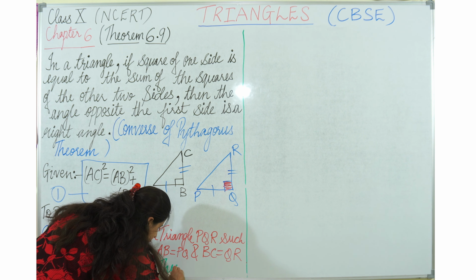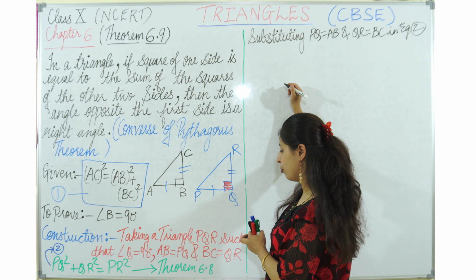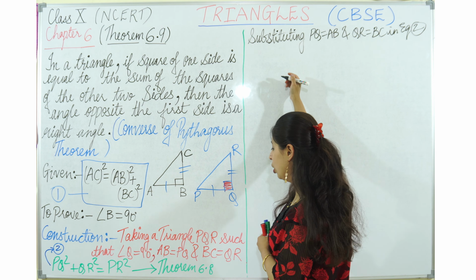So substituting AB is equal to PQ and QR is equal to BC in equation number 2, we will be getting from equation 2: AB square plus BC square will be equal to PR square. Let us mark it as equation number 3.